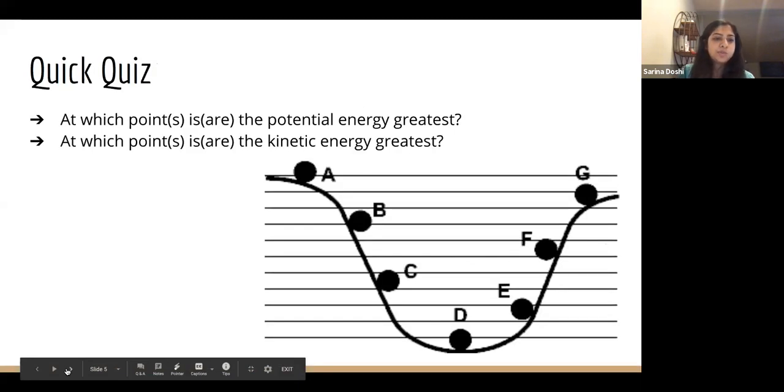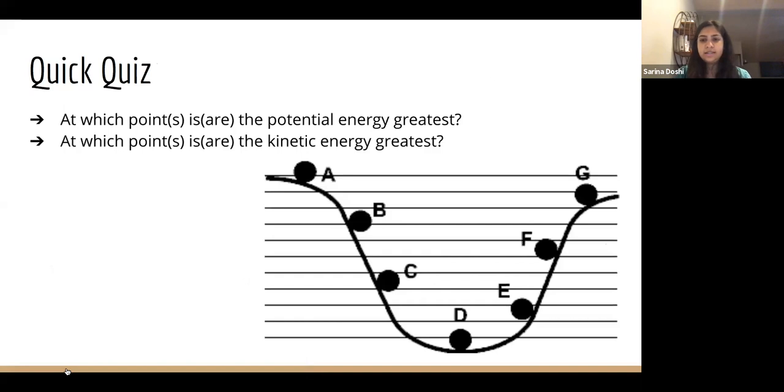So D for kinetic, yes. D would be the point where there's the greatest kinetic energy if you were to picture a ball rolling down a hill as it shows. Can somebody explain why point D would have the greatest kinetic energy?